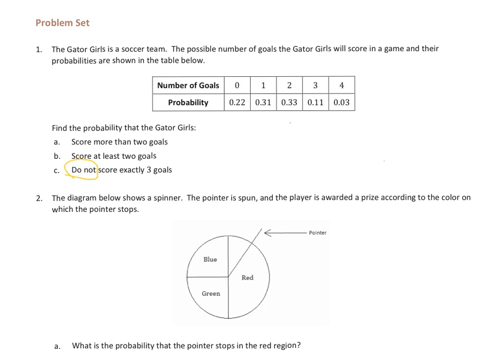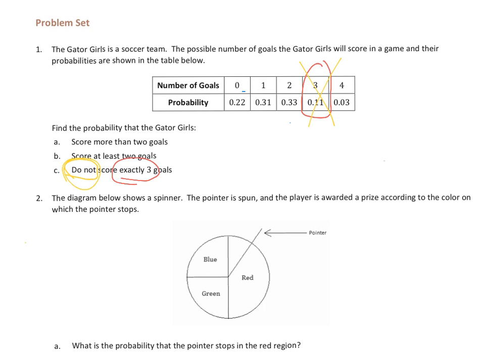And in this case, what's coming next is exactly 3. So since exactly 3 is here, and since I do not want it, it's the thing that I'm going to delete. I want the probability of everything else except scoring exactly 3 goals.